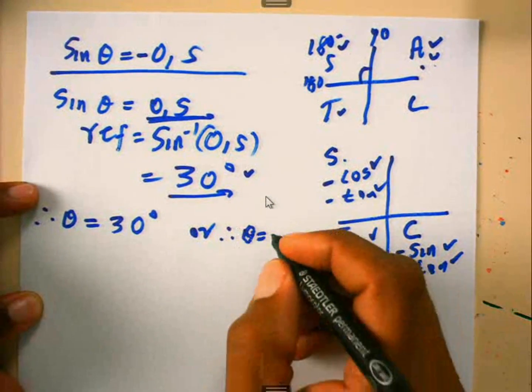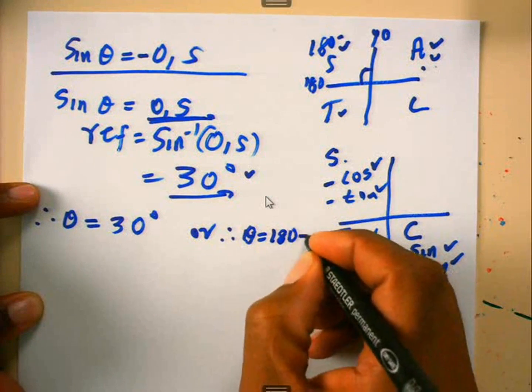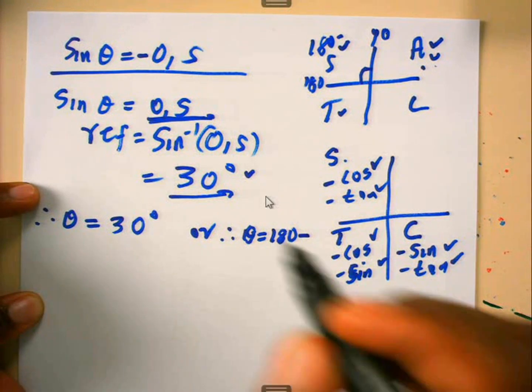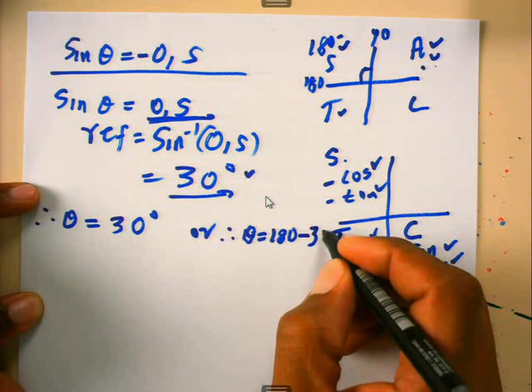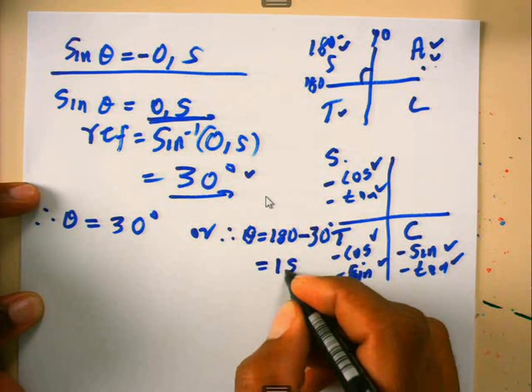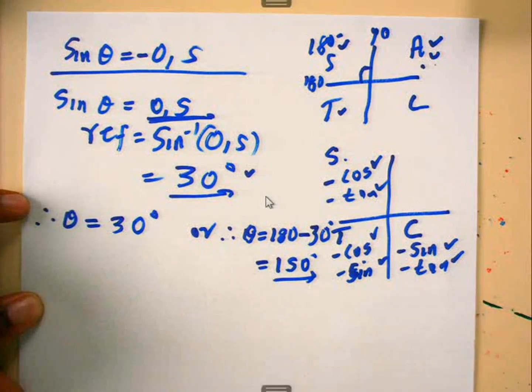We say, therefore, theta is equal to 180 degrees minus the reference angle, which is 30 degrees. What is 180 degrees minus 30? It is 150 degrees. Now, can you see I have two answers?